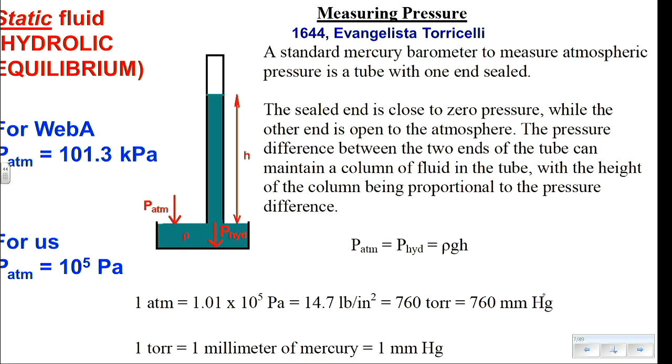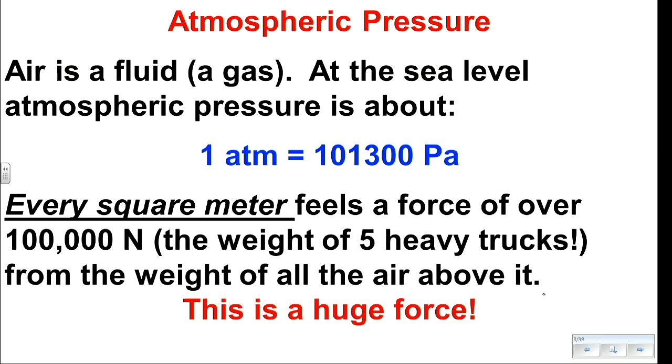And the atmospheric pressure, 10 to the fifth, 100,000 pascals, means if you cut 1 square meter, and 1 square meter is not actually a very large surface. It's 1 meter by 1 meter.